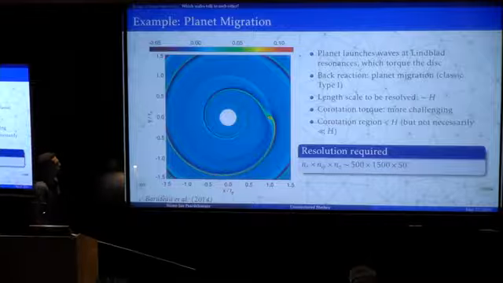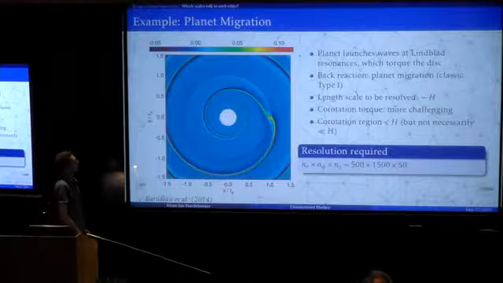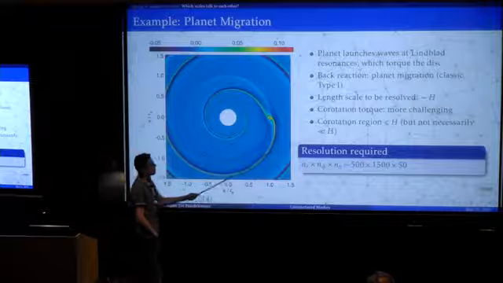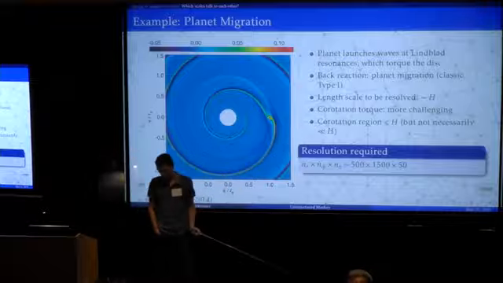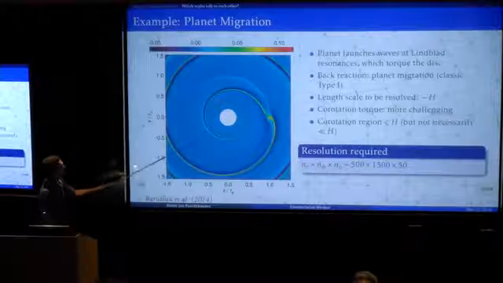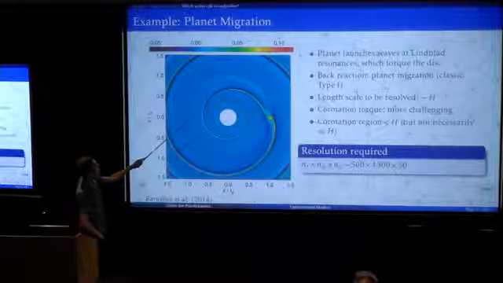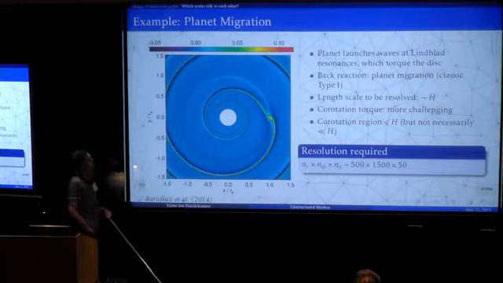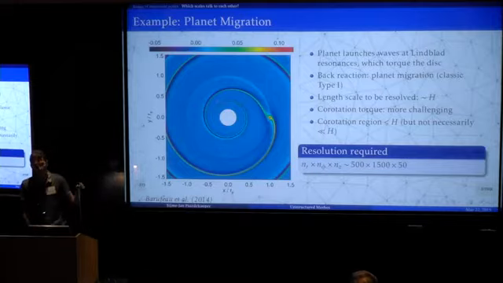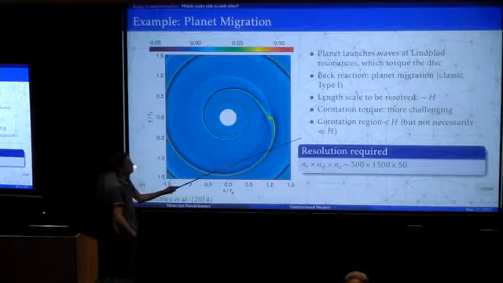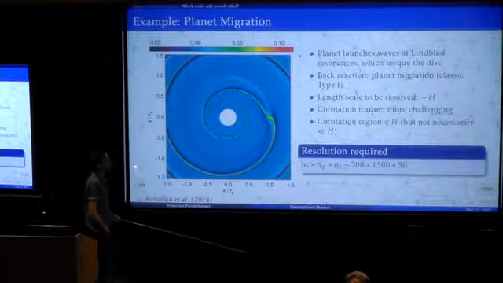If we want to calculate torques and migration rates, the length that needs to be resolved for these waves is roughly the scale height h. So it's not too bad. If we want to do the co-rotation torque, the torque from material on horseshoe orbits very close to the planet, that's more challenging, because this co-rotation region can be smaller than h for Earth-like planets, but it's not necessarily much smaller than h for planets of interest if we take an Earth mass or bigger.